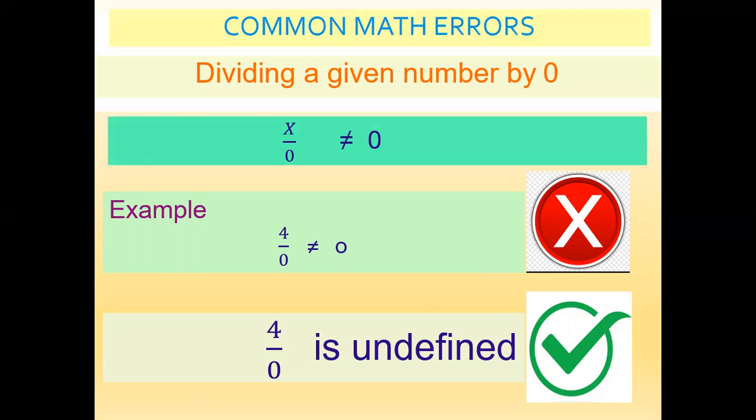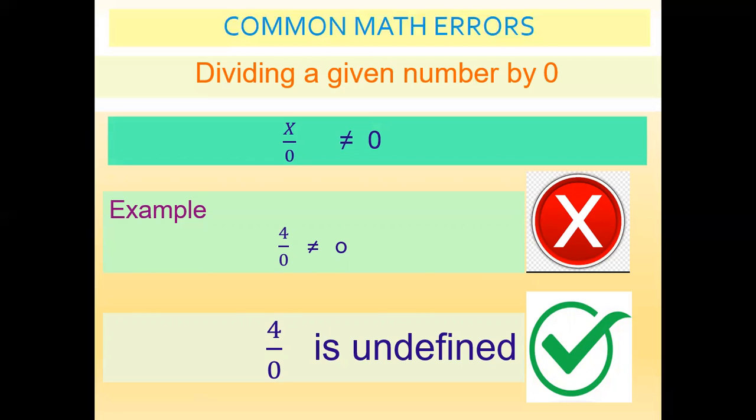Sometimes you get an answer at the end of a solution and you wonder, but I got this answer, how come it's not correct? You might have encountered this problem. So if you've been making this mistake previously, remember that any number divided by 0 is undefined, so it's not 0.